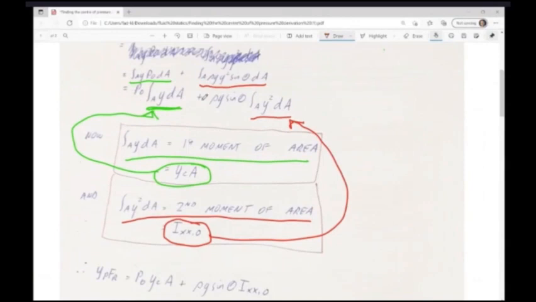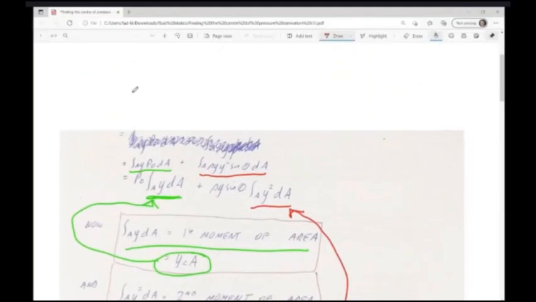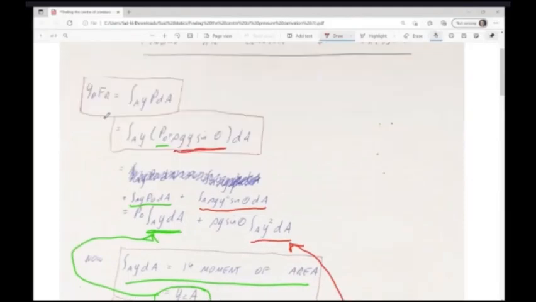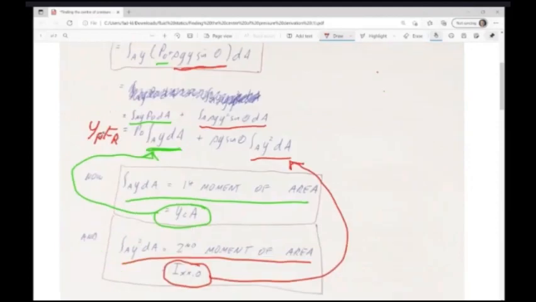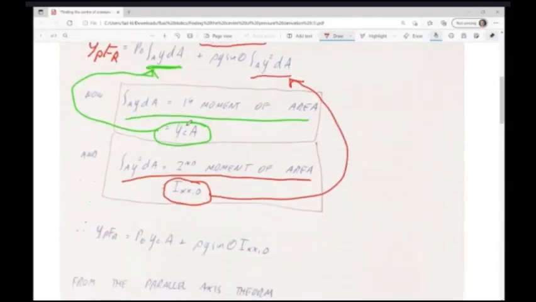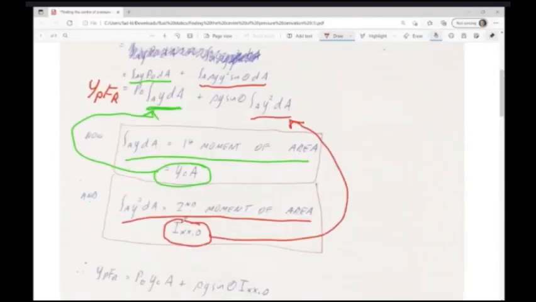So let's take this equation here. Now this is equal to yp times Fr. So the distance to the centre of pressure times the total force is equal to this equation here. Let's now plug in our first moment of area and our second moment of area. So yp Fr is equal to P0.